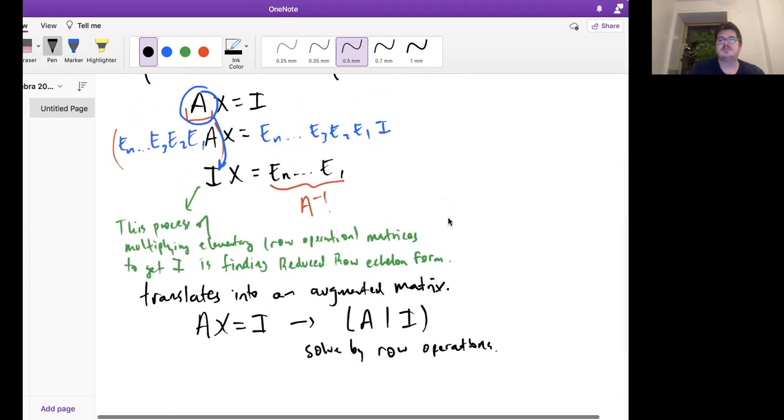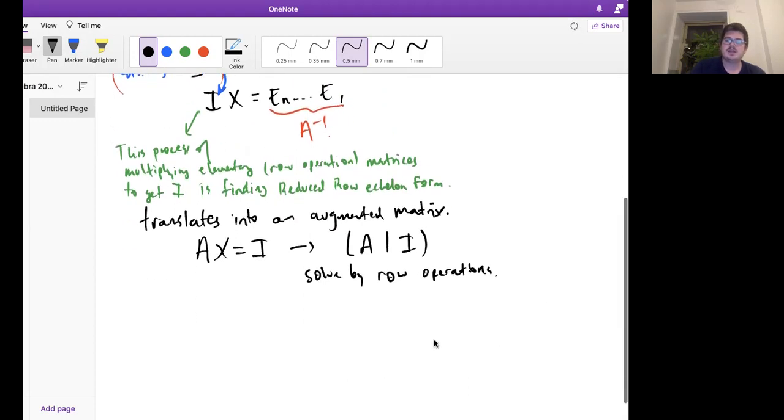So this process of multiplying on either side by these E_i's is equivalent to row operations. So doing our row i plus alpha row j, that stuff, this is some elementary matrix.